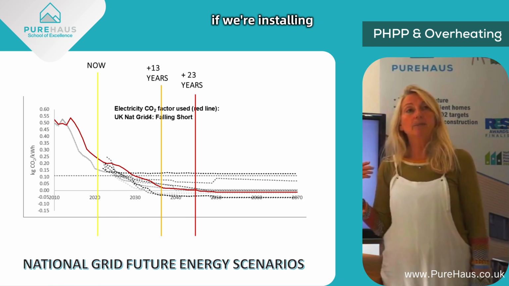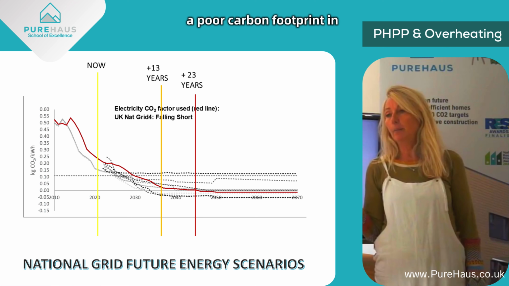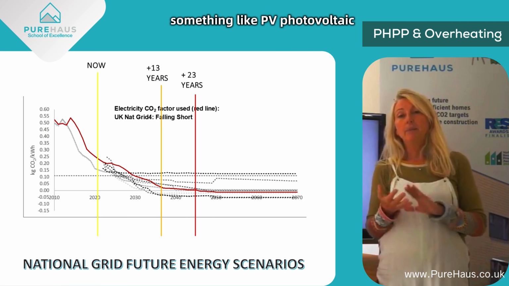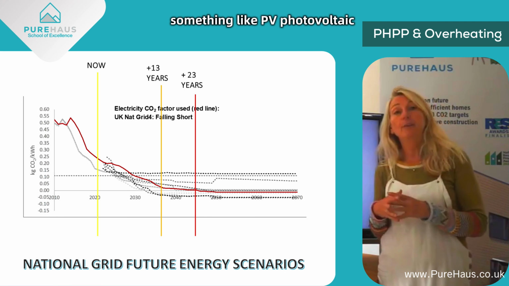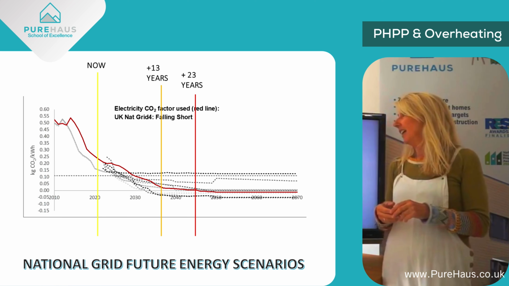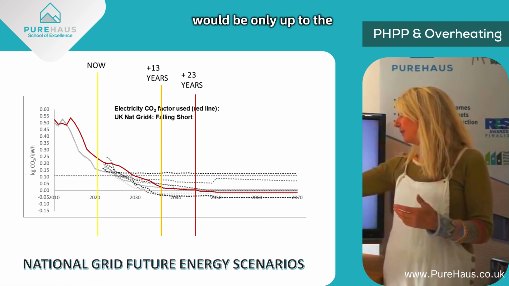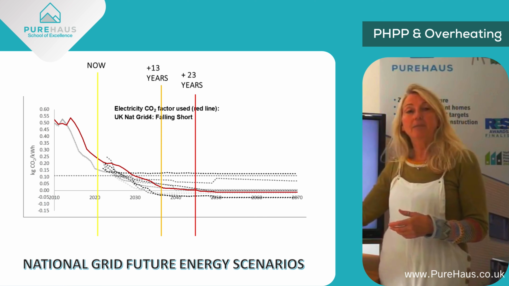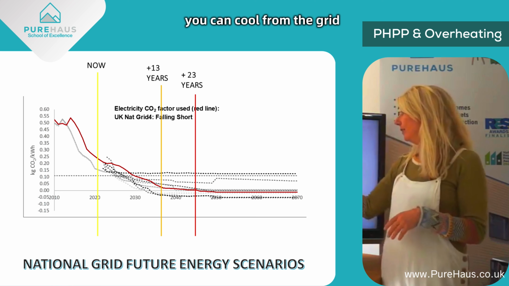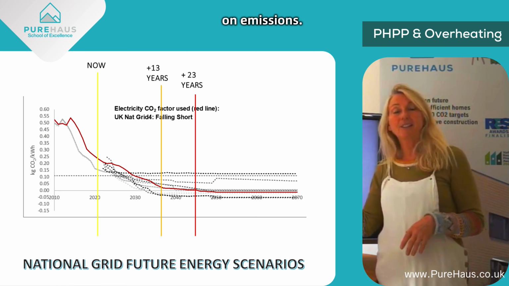So, for example, if we're installing something that has a poor carbon footprint in something like PV, photovoltaic panels, its considered use in a building would be only up to the point that the grid is green in this carbon emission strategy, because beyond that you can draw from the grid and it's not having an impact on emissions.